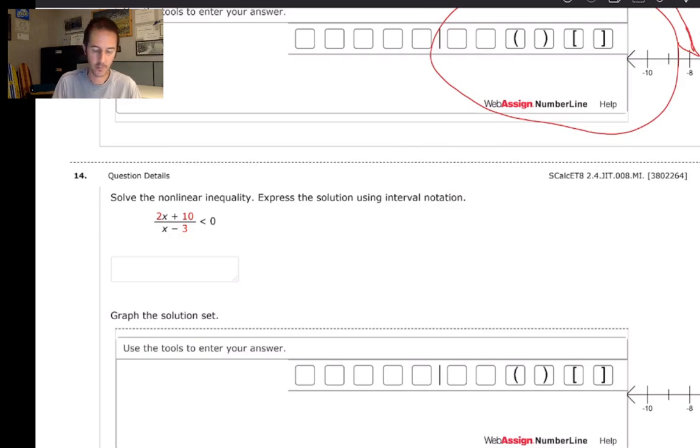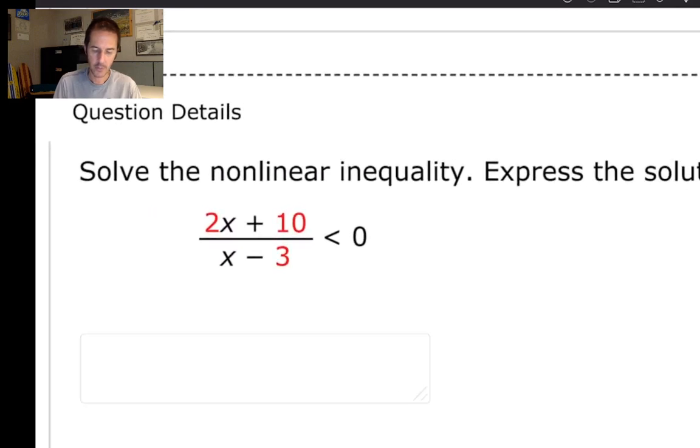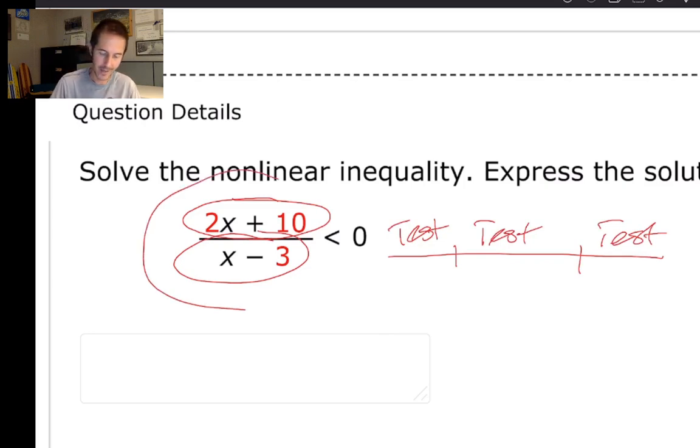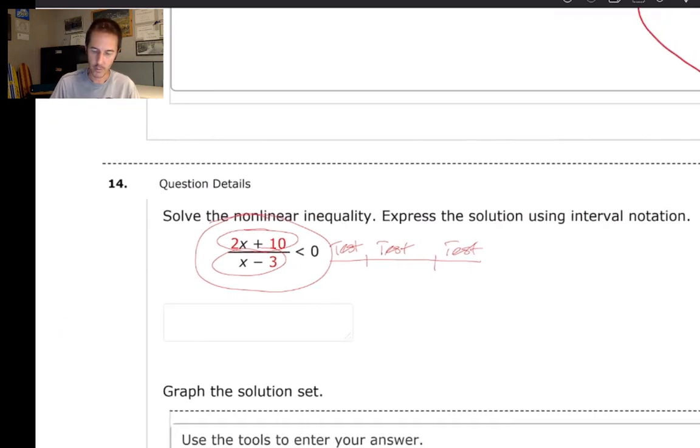You've been exposed to this before, but generally speaking, set this equal to 0, set this equal to 0, take those two x values, put them on a number line, and then you're going to have to test x values from these three different regions in order to determine which region worth of x values satisfies this entire statement. Once you know which regions satisfy the statement, you will build your solution in interval notation.